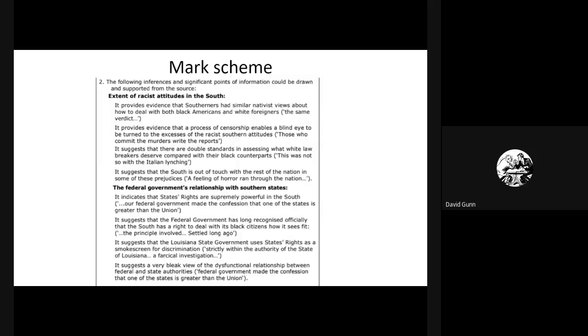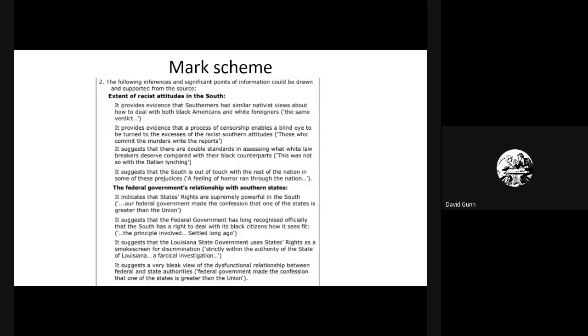In terms of the federal government, it's saying that states' rights are powerful in the South. Federal government has basically said that southern states can deal with Black citizens. Southern states are using states' rights as a smokescreen, and it says that the relationship between the federal government and state governments is dysfunctional. So these are the inferences basically that you can pull out.